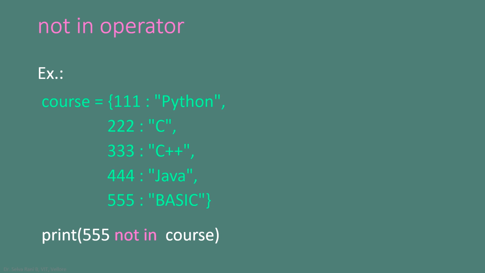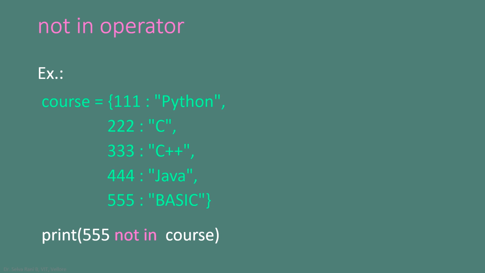Not in operator will check for the absence of the given key in the given dictionary. With the same dictionary course with the 5 keys and 5 values, in the print statement we have given 555 not in course. We'll check whether 555 is present in the course dictionary or not.